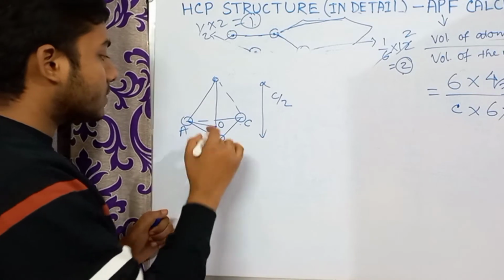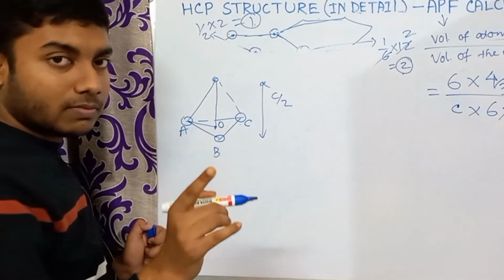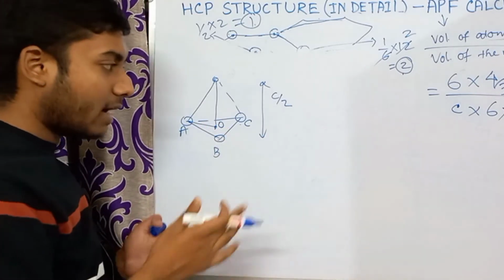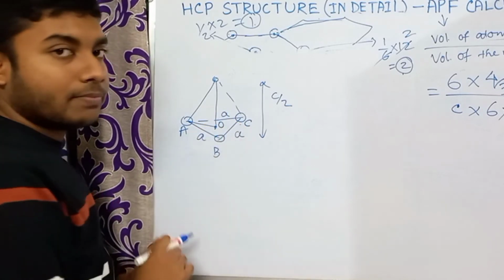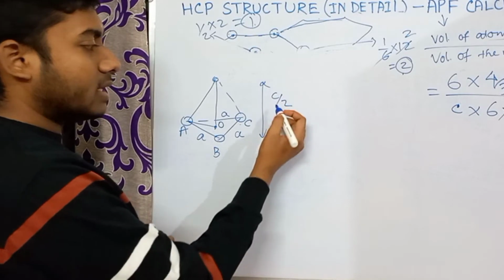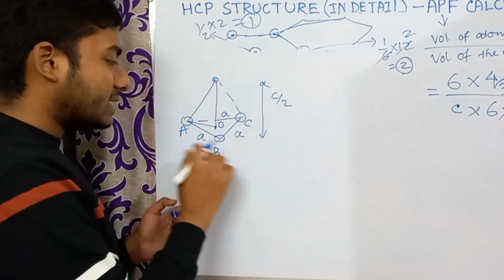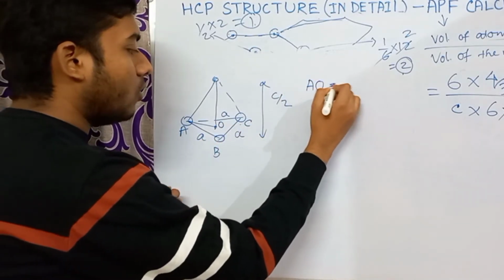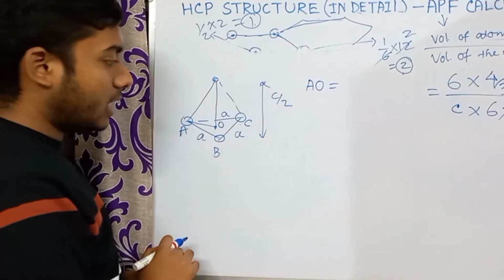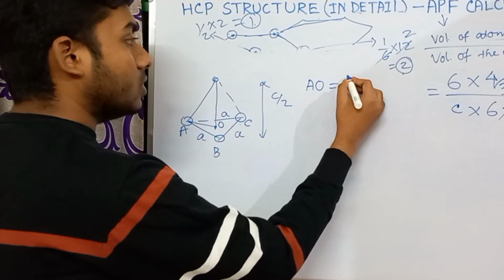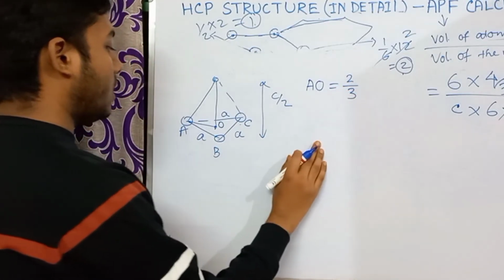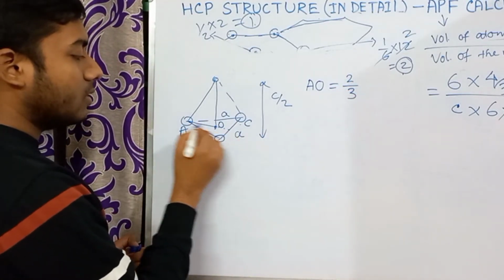Okay, now this is what? This is the centroid of this triangle, as I have earlier discussed. And these lengths are A. Now this height is C by 2. So from this triangle, the length AO will be what? As this is the centroid of this triangle, the length AO will be just 2/3 of the height.